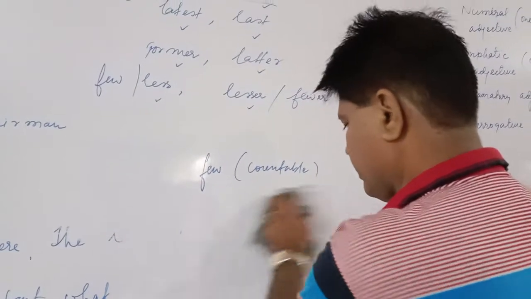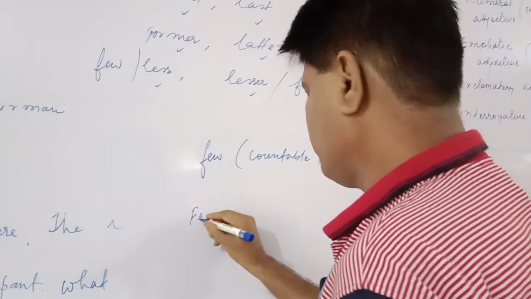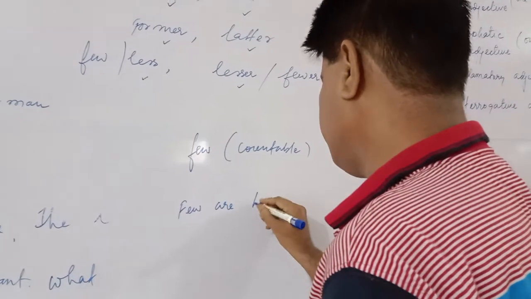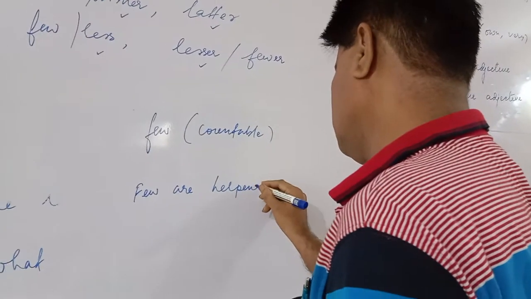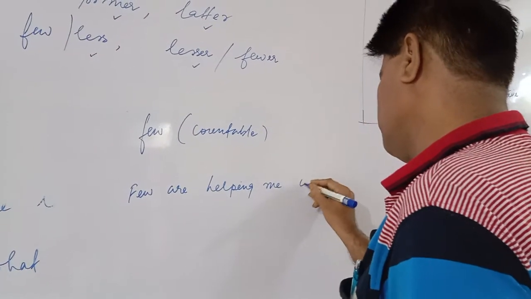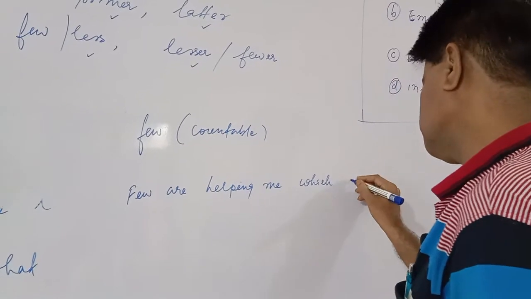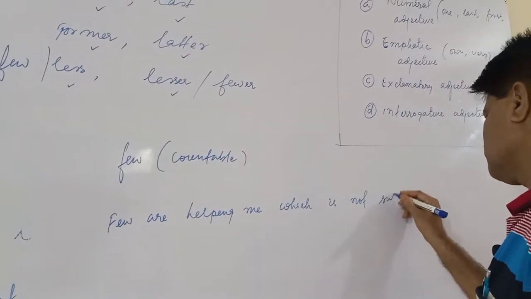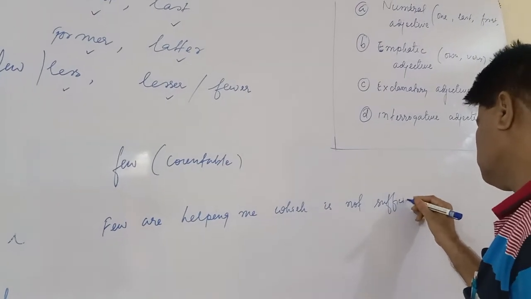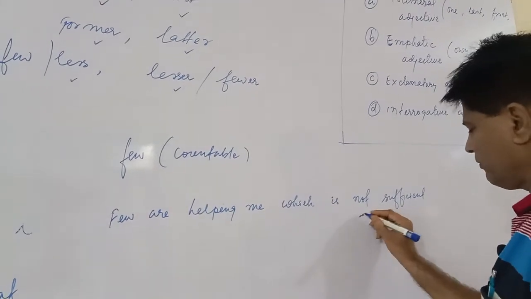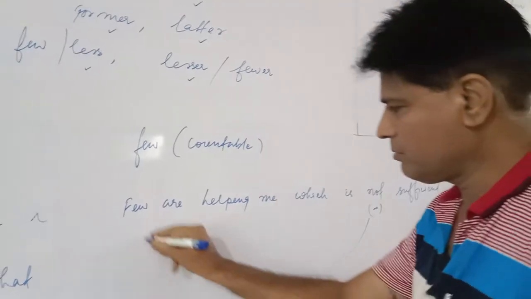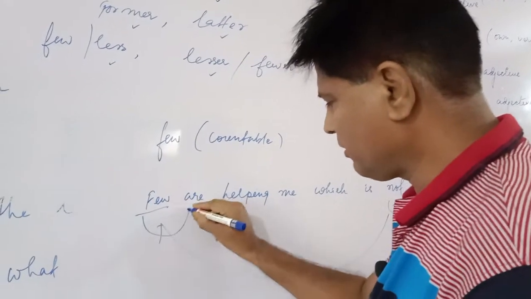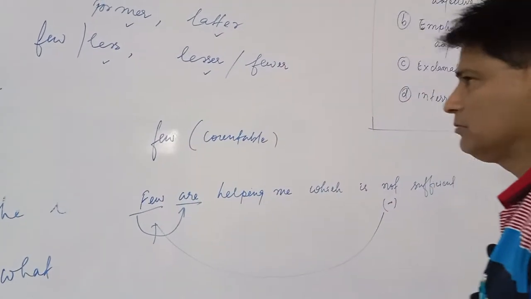Or you can say, few were helping me, which is not sufficient. So it denotes a negative sense when you are using few, and few is followed by a plural noun and verb.